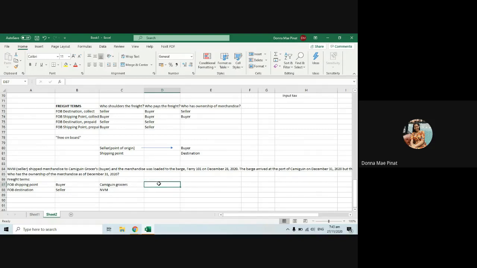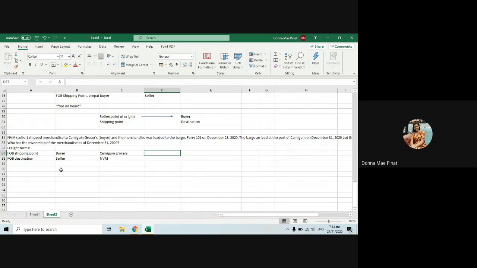So, pag inventory count ni Camiguin Grocers, kung FOB shipping point gali, i-appear na niya sa iyang inventory ang iyang gipalit nga merchandise as of December 31. But kung FOB destination gali, i-appear gihapon ni NVM ang merchandise sa iyang physical count by December 31, 2020 despite it having shipped already to Camiguin Grocers. Okay? So, ano na siya ha?